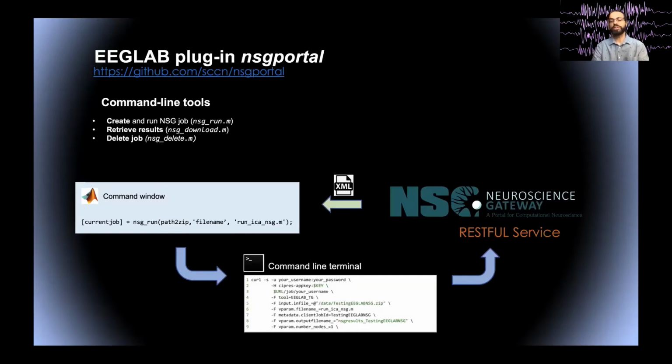But for Windows, you have to jump through a few more hoops to install curl. So you can only use this plugin if you have pre-installed curl on Windows. Again, for Mac and Linux, it's already pre-installed. This interfaces with NSG through the REST interface, and then you can retrieve the results back as XML, which are converted automatically for you.